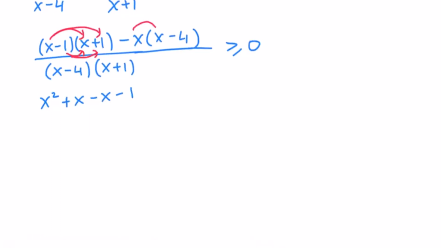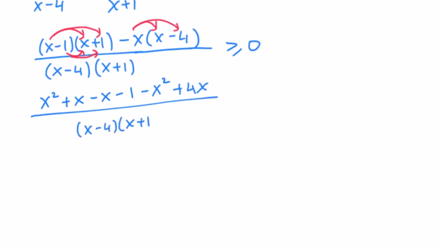And then multiply the negative x in. Negative x times x is negative x squared. Negative x times negative 4 is a positive 4x, over x minus 4 times x plus 1 is greater than or equal to 0.